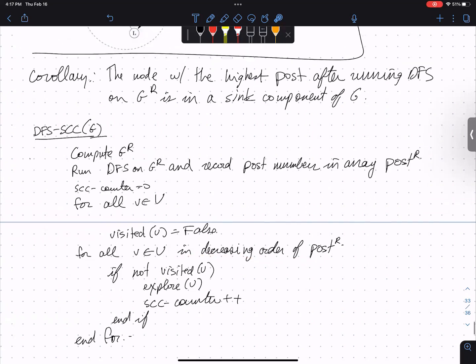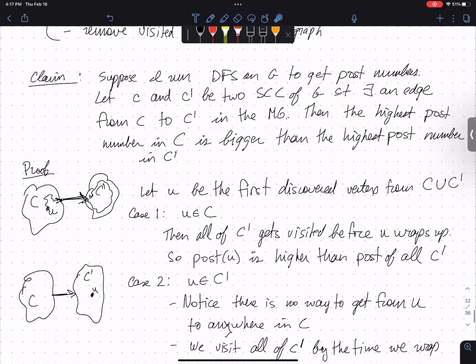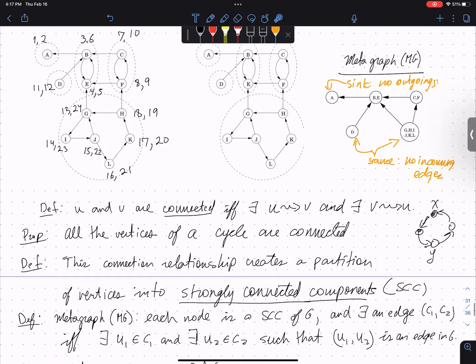And next, remember we were taking what's now, in the remainder of the graph, the sink component. But we can do that without really recomputing anything. We just take the next highest post R value.